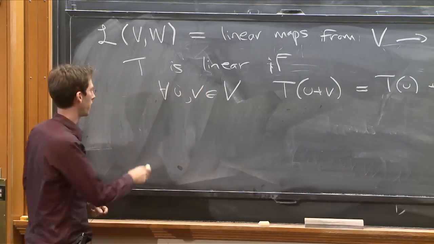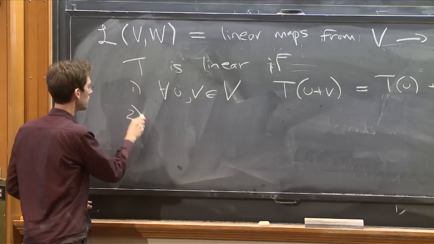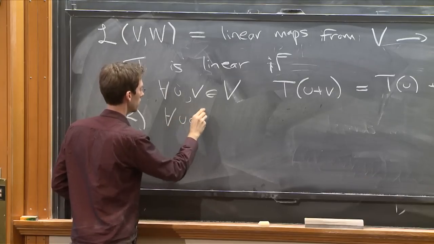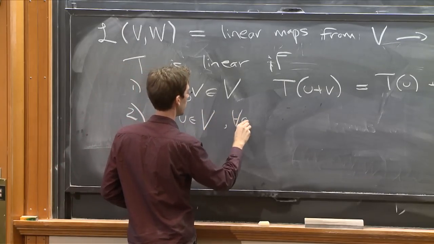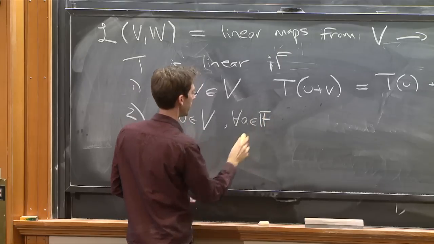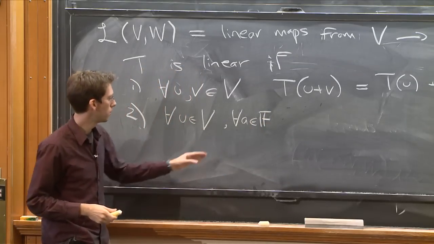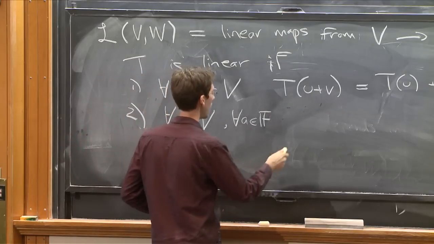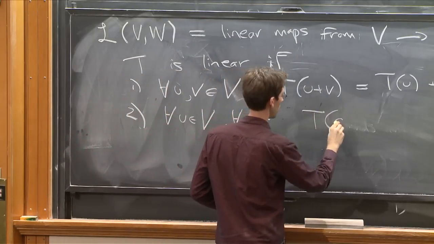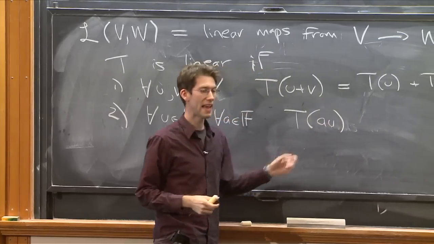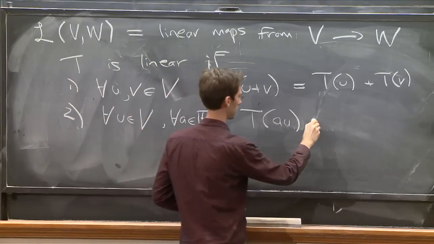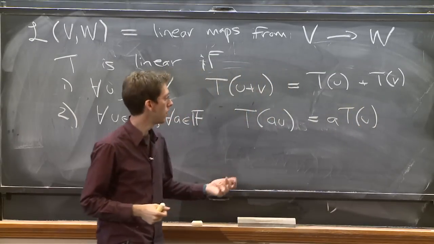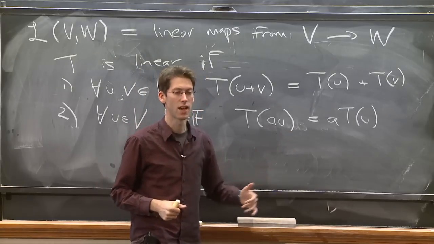That's the first property. And second, for all vectors u and for all scalars a, where F is the field that we're working over, could be reals or complexes, we have that T acting on a times u is equal to a times T acting on u.